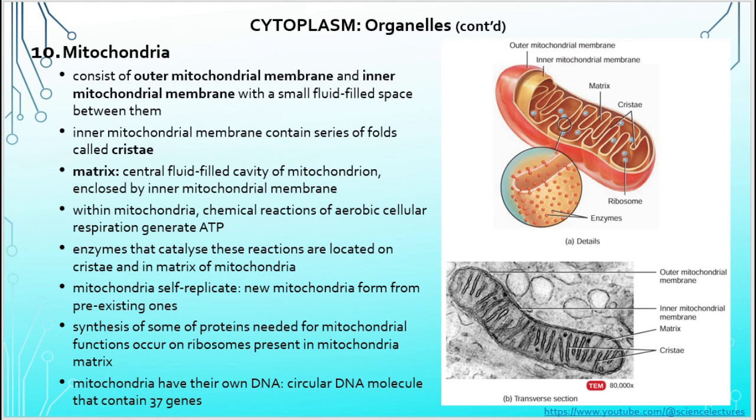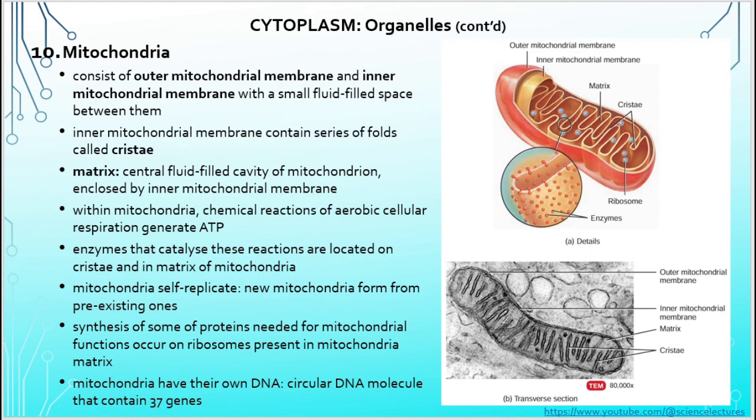Because they generate most of the cell's ATP through aerobic respiration, or oxygen-requiring respiration, mitochondria are also referred to as the powerhouses of the cell. A cell may have as few as 100 or as many as several thousand mitochondria, depending on its activity.